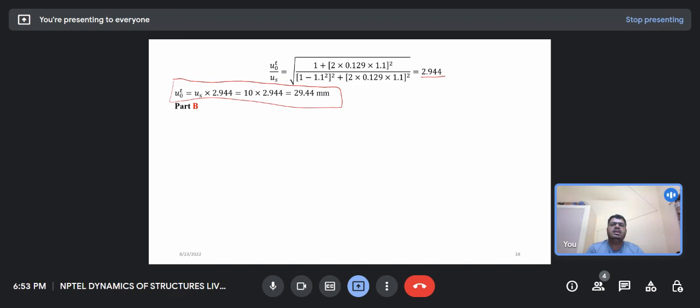Now in part B, it asks you for the relative displacement. So the relative displacement is u minus u naught, u static. In the previous equation, for the transmissibility, we wrote the equation with c u dot, like in the previous we wrote it as z. Here I am using u naught.